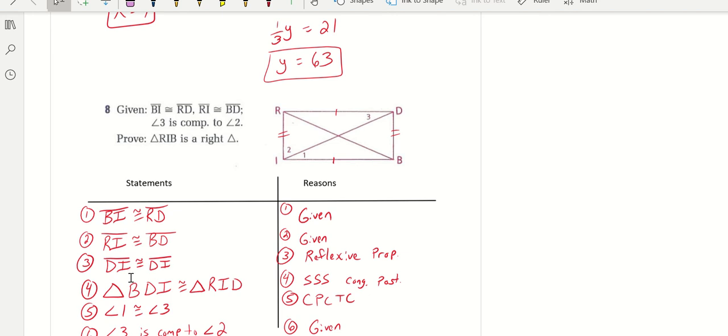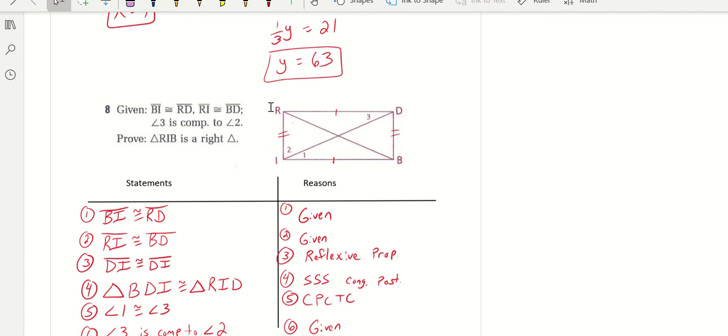So let's take a look at this. B is where the 1 tick mark side meets the 2 tick mark side. Well, that's R. So B is first, R must be first. Now I put D second. To get from B to D, I have to travel down the 2 tick mark side.